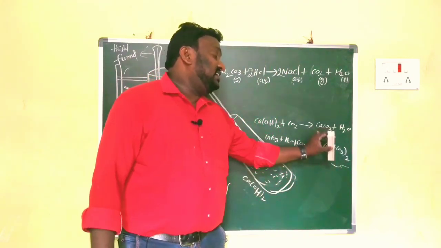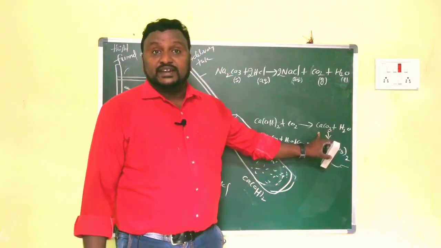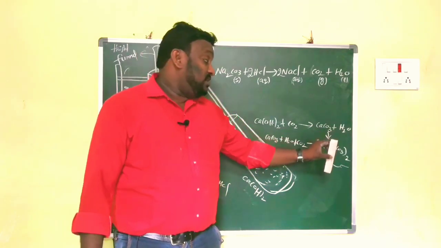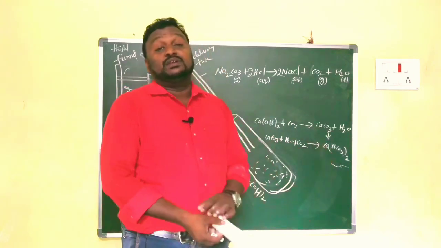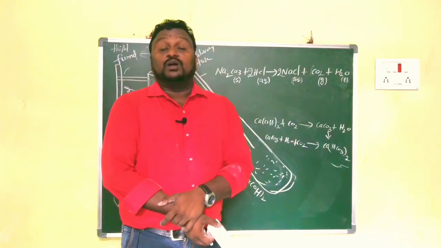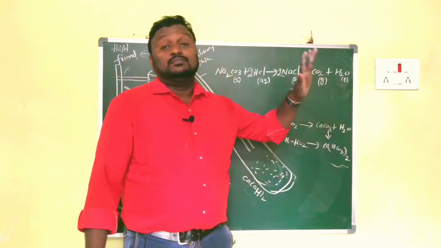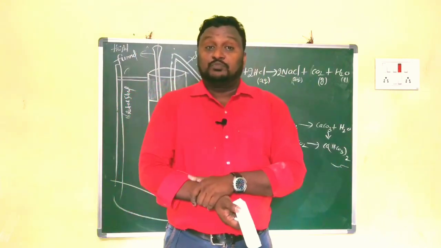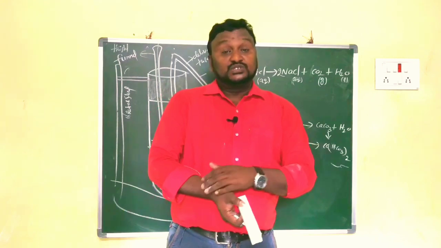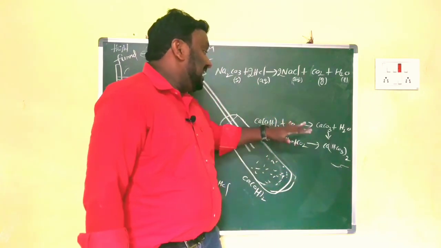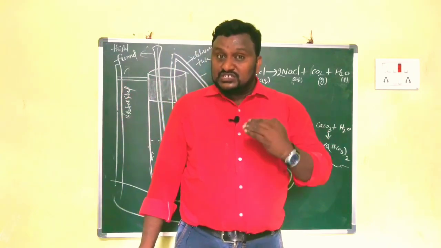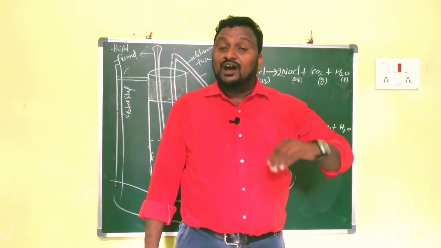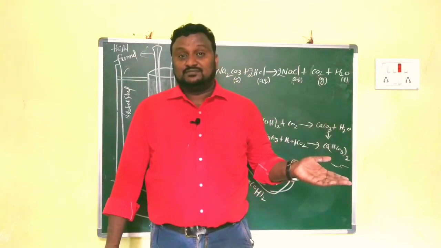Here CaCO3 is the precipitate, that is undissolved. When we add some more additional carbon dioxide to that, it becomes dissolvable. Then calcium bicarbonate will be produced. So this is happening between the calcium hydroxide and carbon dioxide. Clear, children? So this belongs to the reaction between the acid and carbonates.